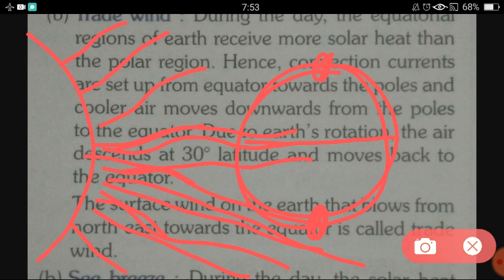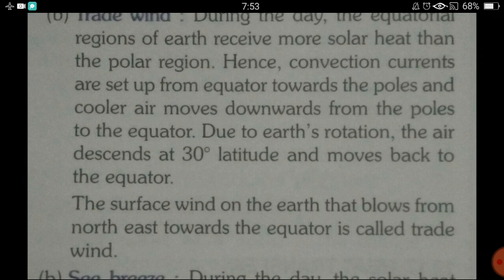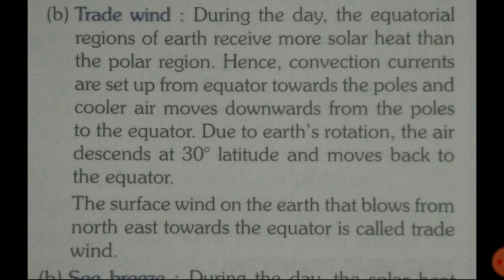So that's why the temperature near the equator rises more in comparison with the poles. Because of that, convection currents are set up from the equator towards the poles, and cooler air moves downwards from the poles to the equator.